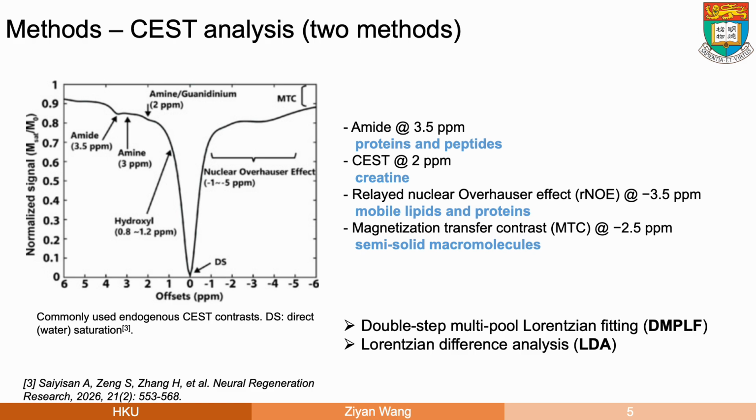CEST MRI can detect multiple endogenous molecules with exchangeable protons, as we can see from this illustration. The 3T study mainly focuses on the amide signal at 3.5 ppm for measuring proteins and peptides, the CEST signal at 2 ppm that is primarily contributed by creatine, the RNOE at -3.5 ppm that highlights mobile lipids and proteins, and the magnetization transfer contrast at -2.5 ppm that reflects signals from semi-solid macromolecules.